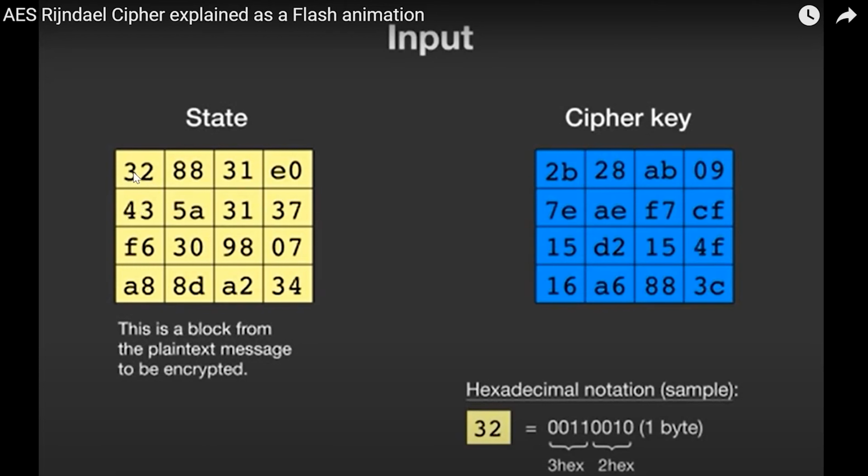We know that this is 8 bits, so we can show it as hex. Our input comes from the message, so we fill it out into the state. And also we said that we have at least 128 bits of key, so we also write down the key into another state.